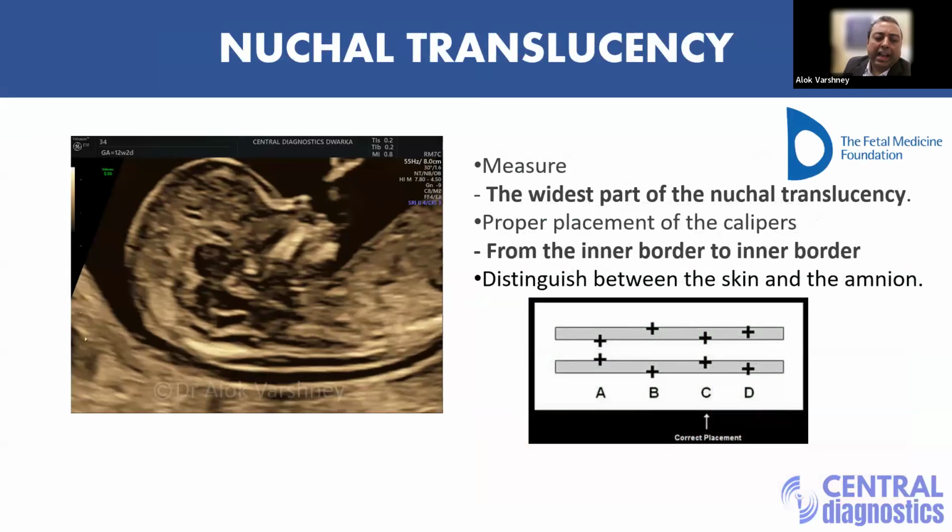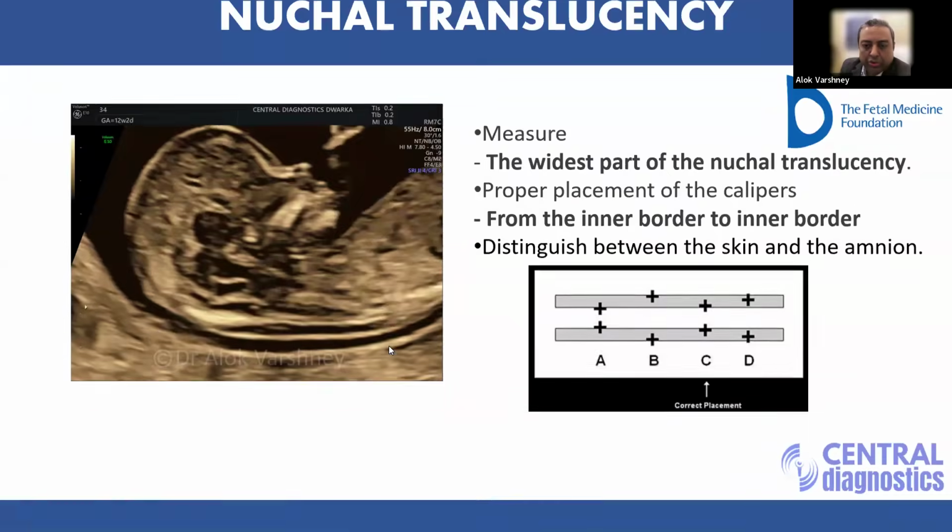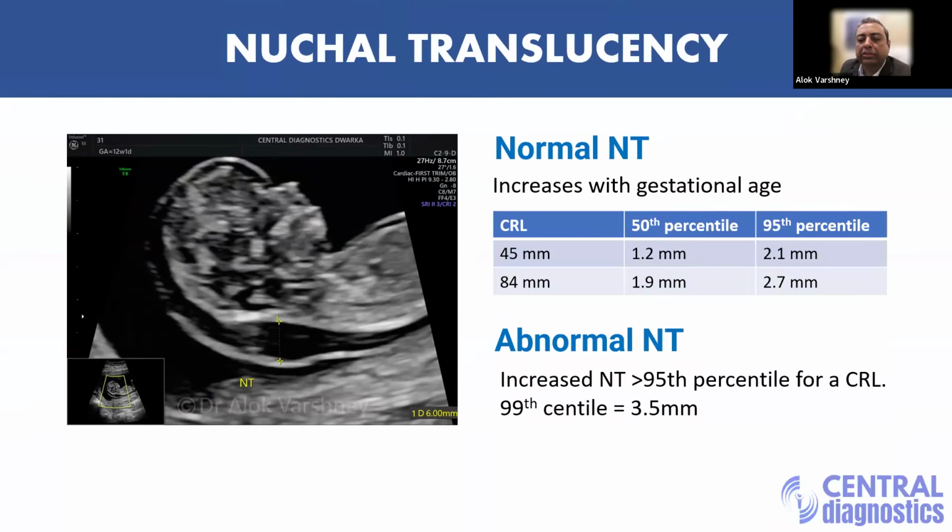Regarding the NT, again, this will be covered in the talks, but we need to see where we need to place the caliper. We need to measure the widest part of the nuchal translucency from inner to inner, and we need to distinguish between the skin and the amnion. So that's about the nuchal translucency. And we know we are not relying on a particular value these days.